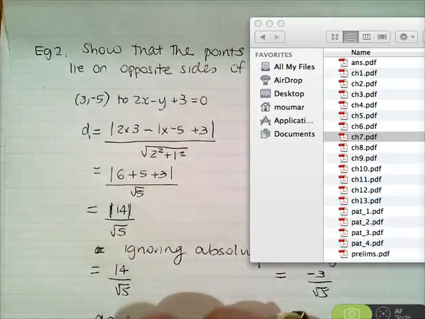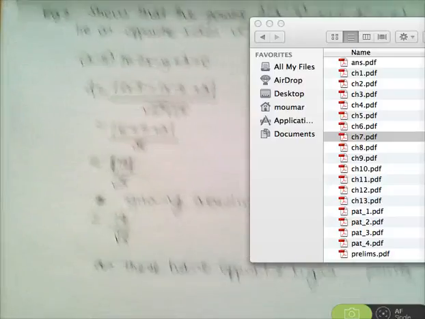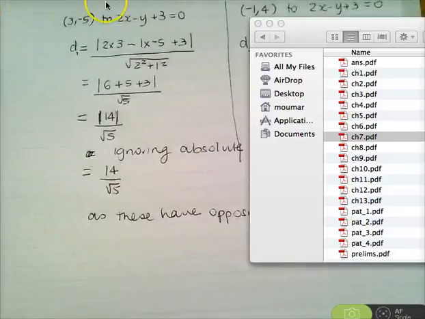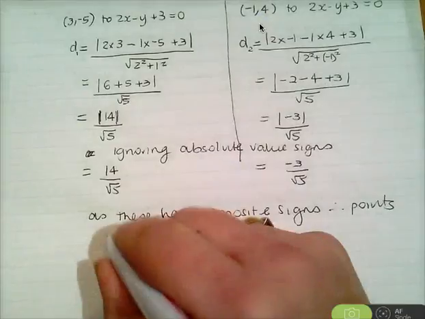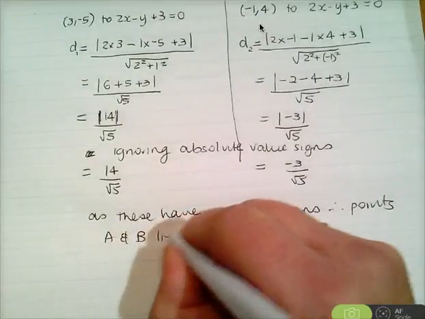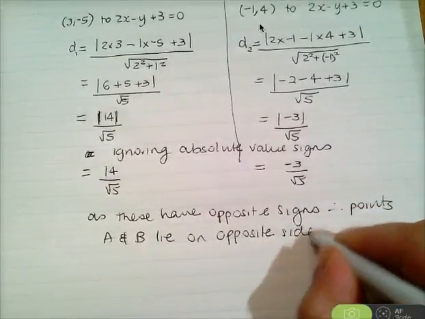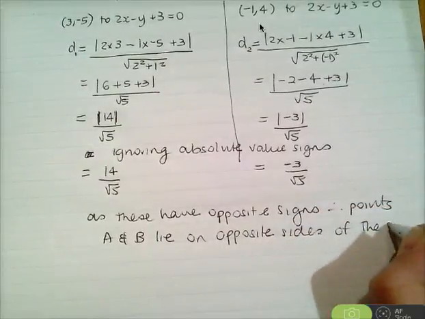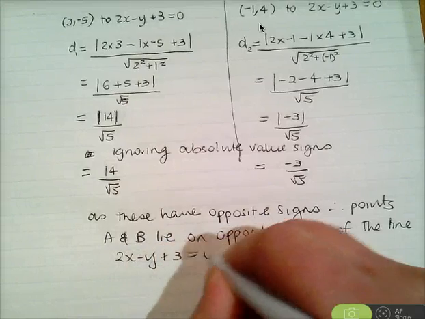And so as these have opposite signs, therefore points A and B lie on opposite sides of the line 2x minus y plus 3 equals 0.